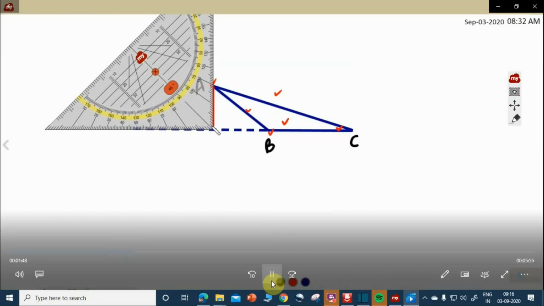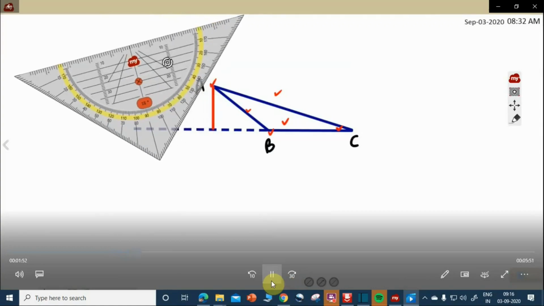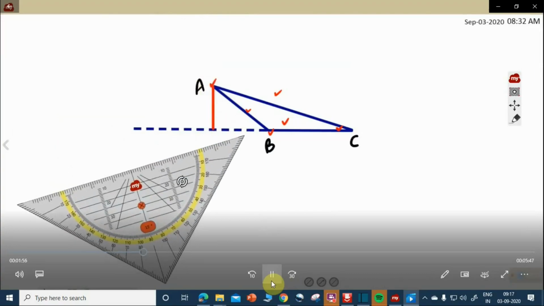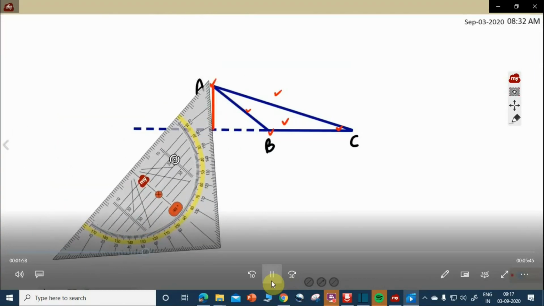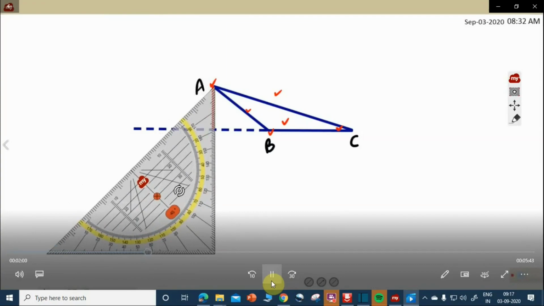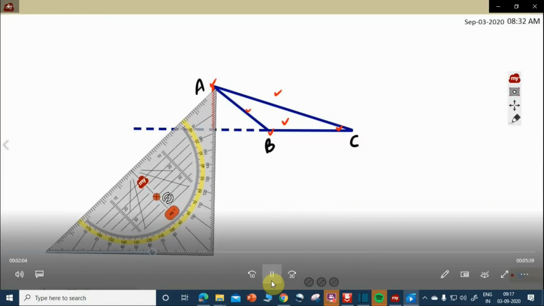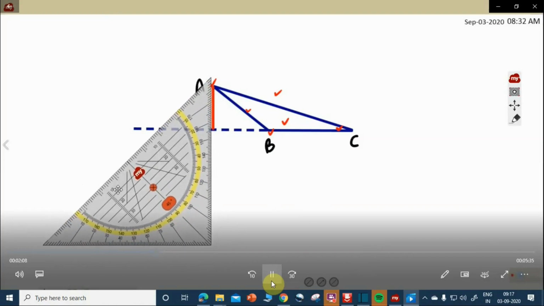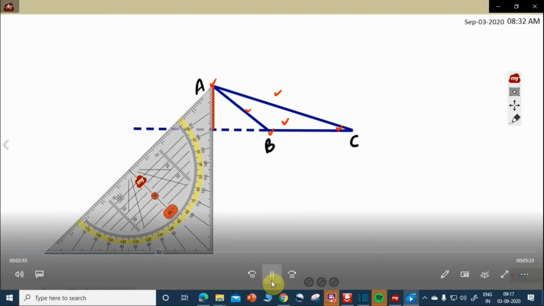This is the altitude. And please note that in the case of an obtuse angle triangle, the orthocenter will be outside the triangle. So we need to extend the altitude as much as possible, because we don't know where exactly it is going to come. So that on the paper when you are drawing, you should have space below the triangle for extension, as in my case on the screen.